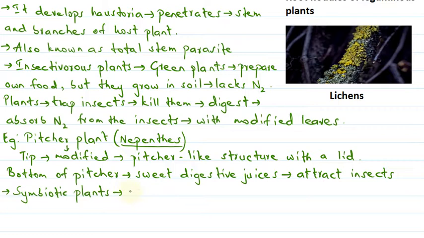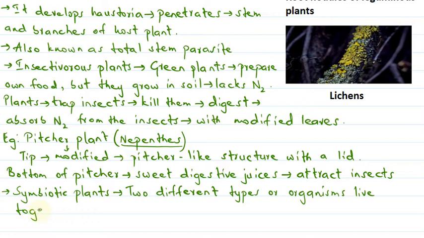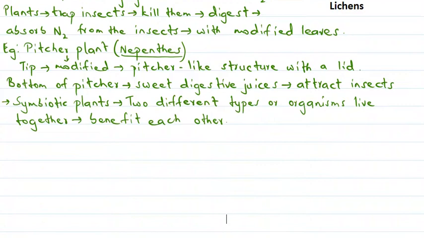Two different types of organisms live together and they benefit each other, both the organisms are benefited by each other. So such organisms are called symbionts.